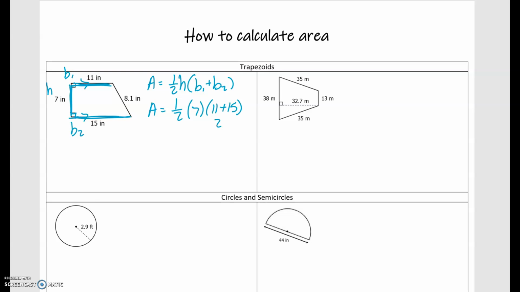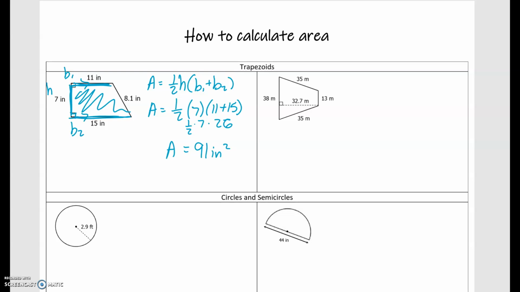Add that together, that's going to give us 26 times 7 times 1/2. All of that multiplied together gives us 91 inches squared. And that's going to be the area of this trapezoid, the 2D space in between.